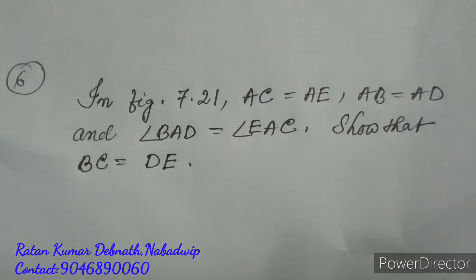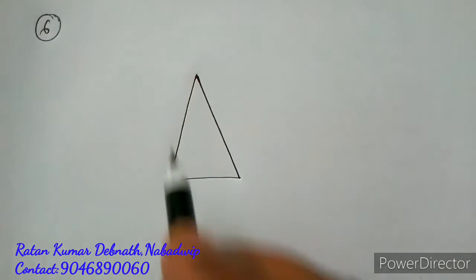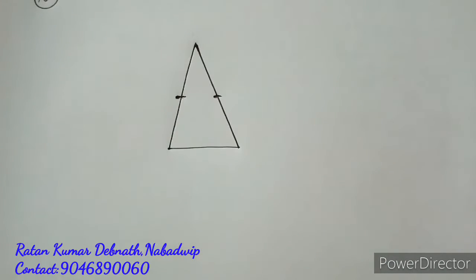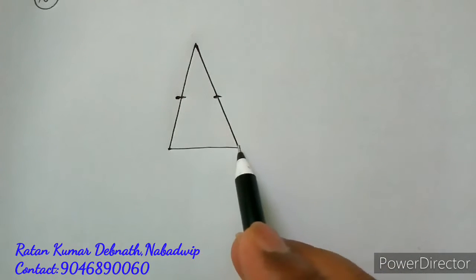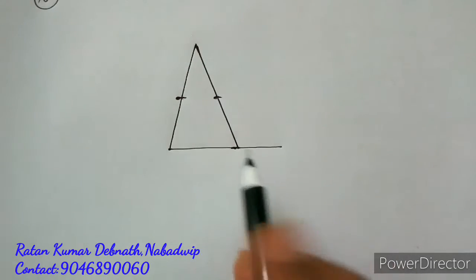Question number 6 on the screen. This is an isosceles triangle. This side equal to this side. I am extending this line.